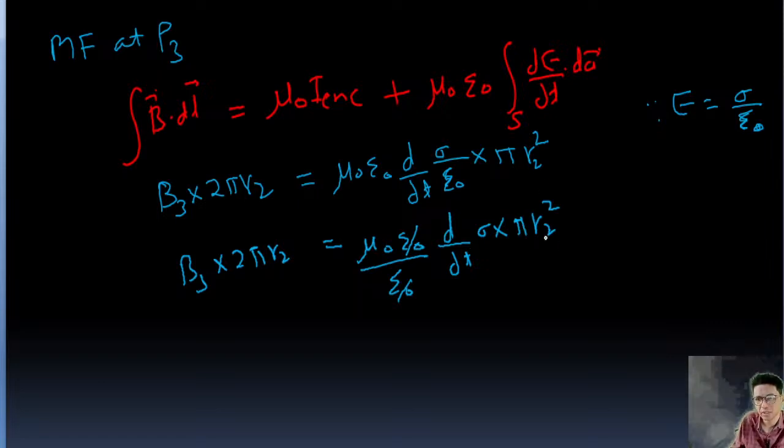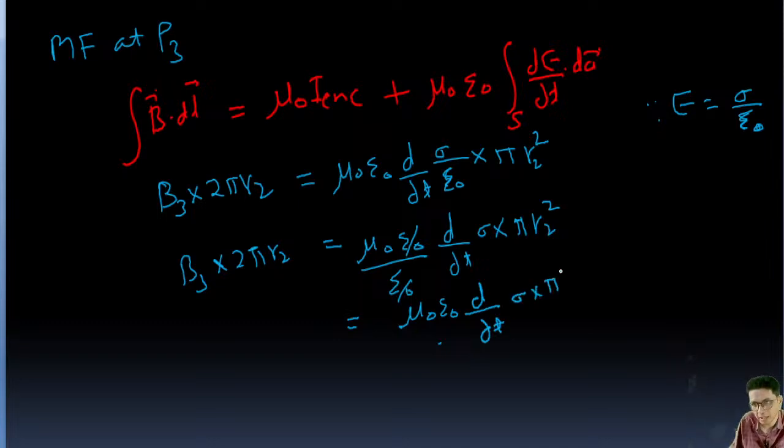And here what we can do is we can write mu 0 epsilon 0, d upon dt of sigma into pi r square.